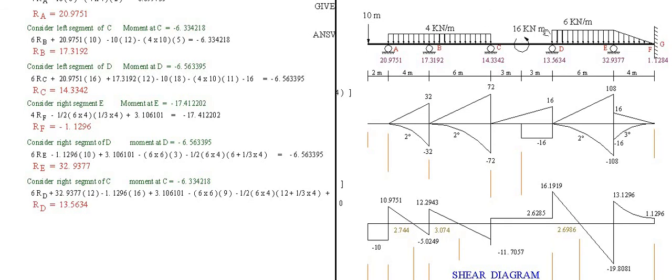Moment on the right of C is this. Then we will equate this with the moment at C. Our unknown is RD. So solving for RD times 6, plus reaction at E, 32.9377, times distance from C, this is 3 and 3 is 12.